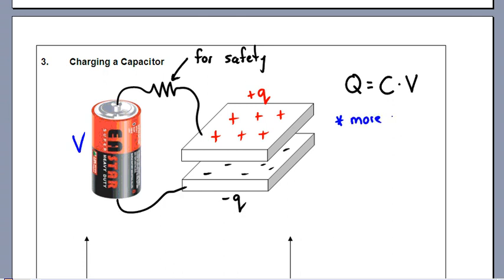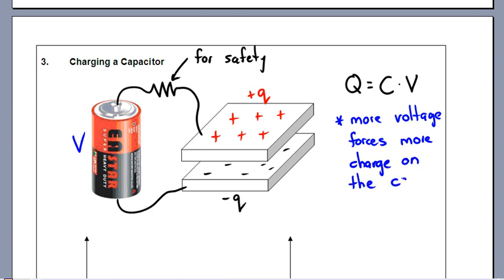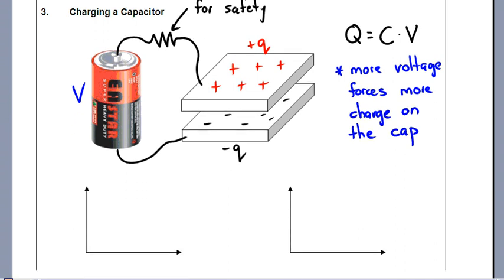So I would say this: more voltage, a bigger battery, forces more charge on the capacitor. Hey, here's a little abbreviation for you. We often just call them caps. So a bigger voltage, a better battery is going to force more Q onto that capacitor.